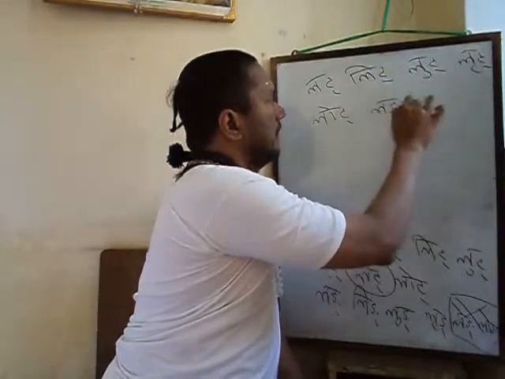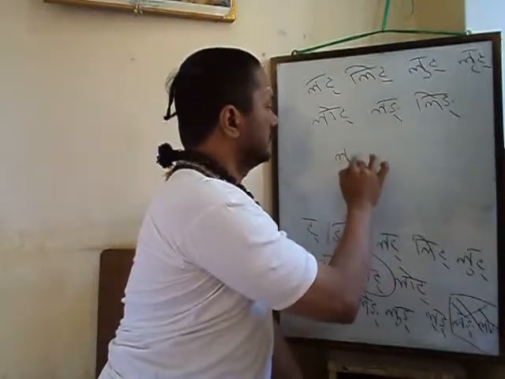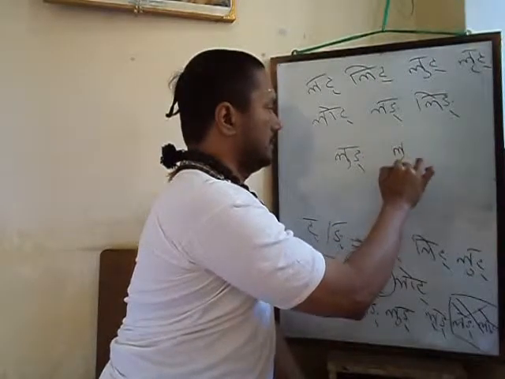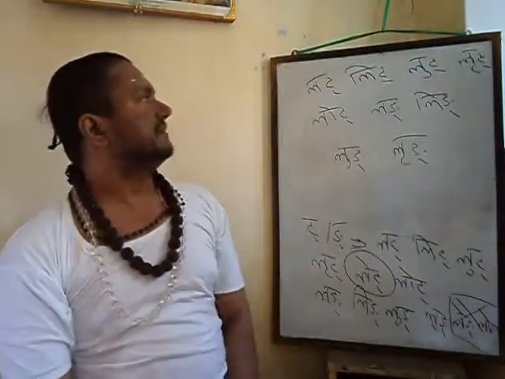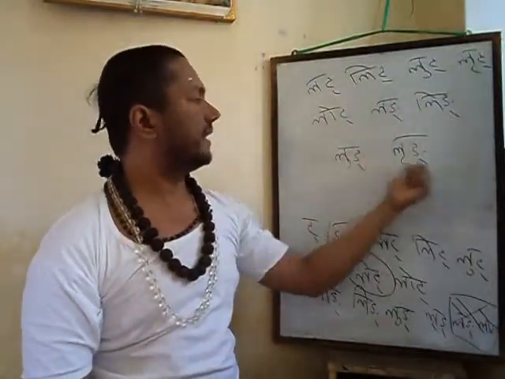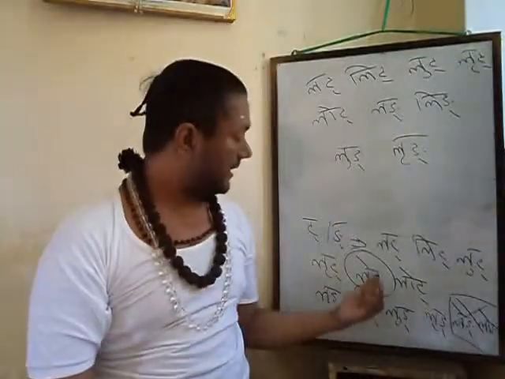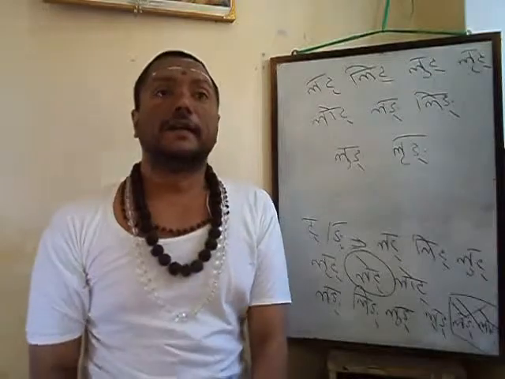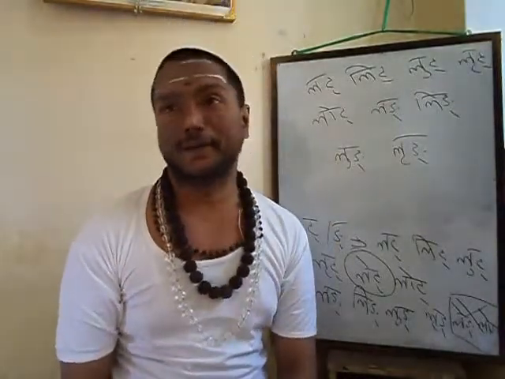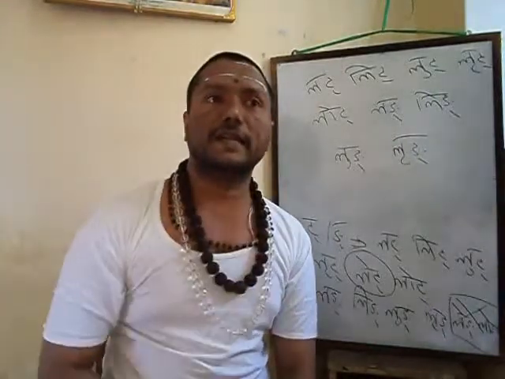Lung, Ling, and so on. That is 1, 2, 3, 4, 5, 6, 7, 8, 9. But we want 10. Why? We had Late and we removed Late, because in other languages we don't have Late, the Vaidika Prayoga. It's not there. But still we want 10.